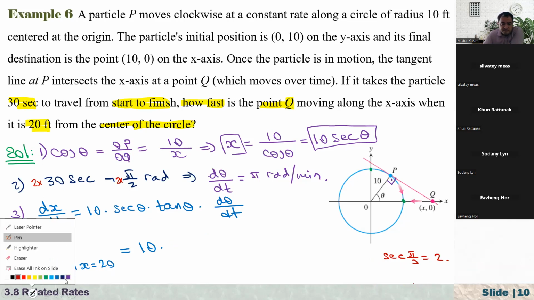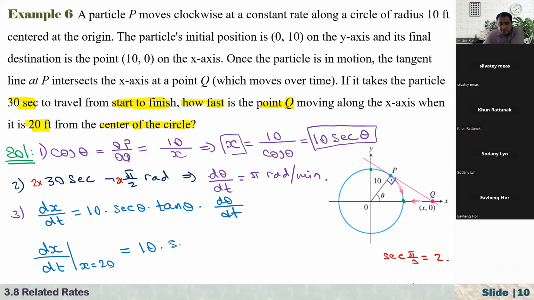So I have here secant of pi over 3 times tangent of pi over 3 times d theta/dt, which we have already found is equal to pi. Evaluating this, 10 times pi gives 10 pi. Secant of pi over 3 is equal to 2.